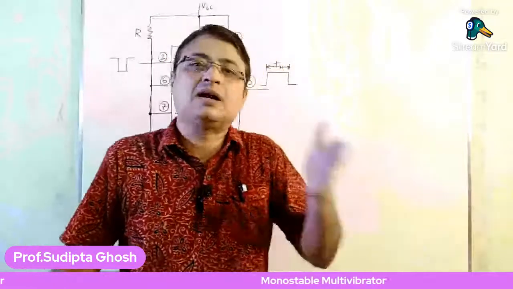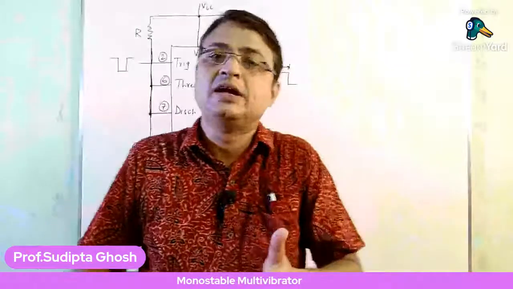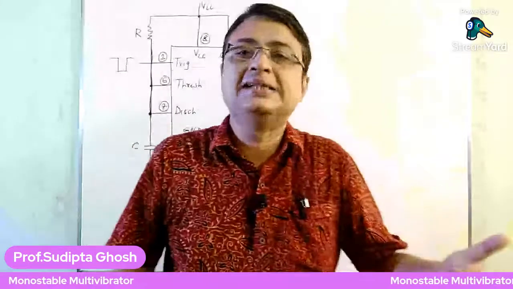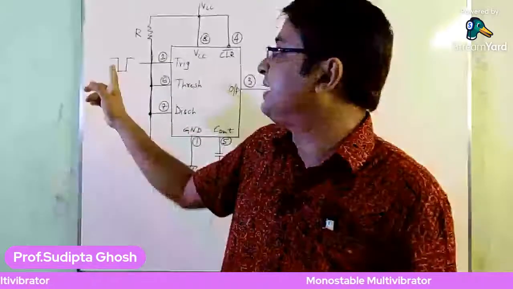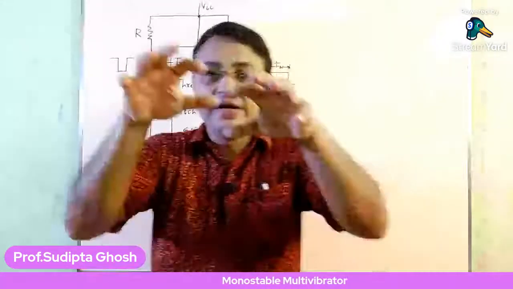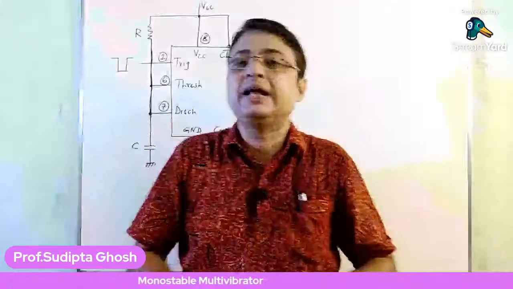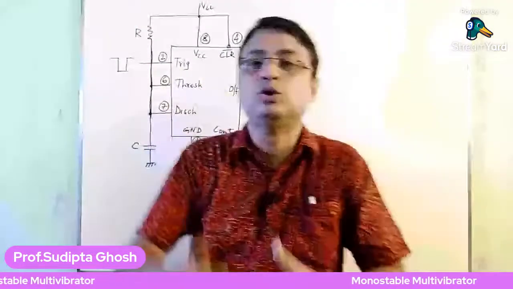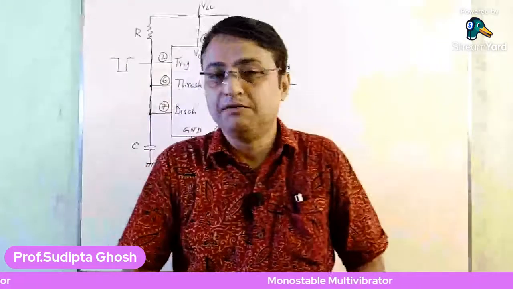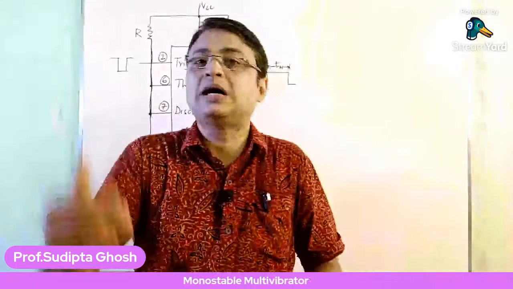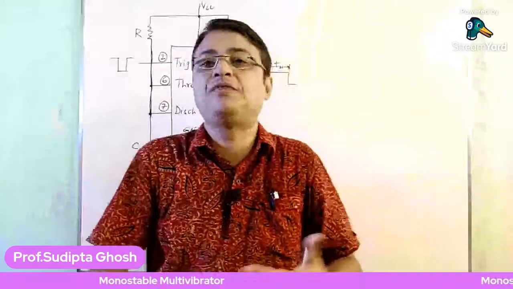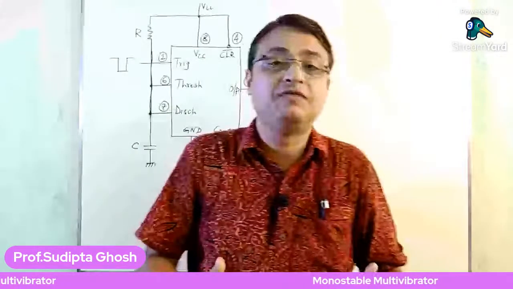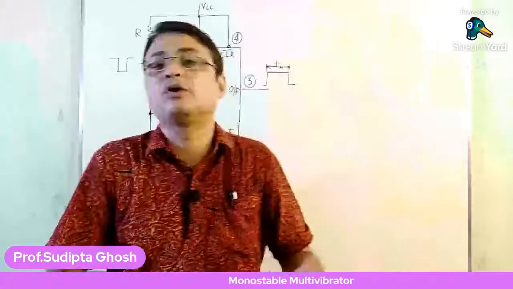Now after completing this stable state, we have applied a trigger input, which is nothing but a negative-going pulse that decreases the trigger input value beyond the 1/3 VCC mark. And as the trigger input goes below the 1/3 VCC value, the trigger comparator goes high.